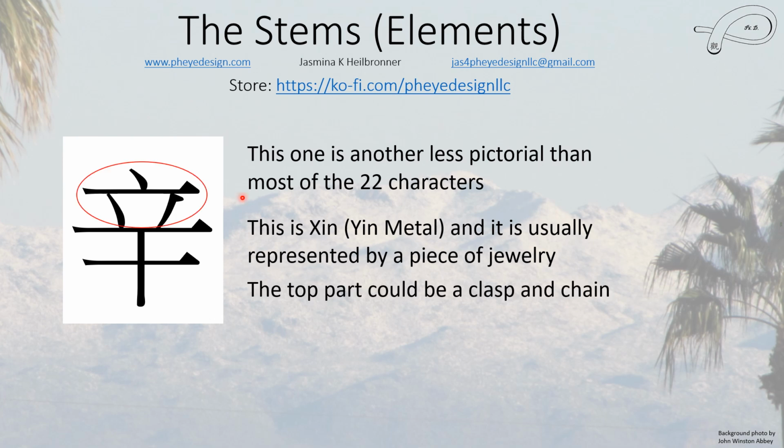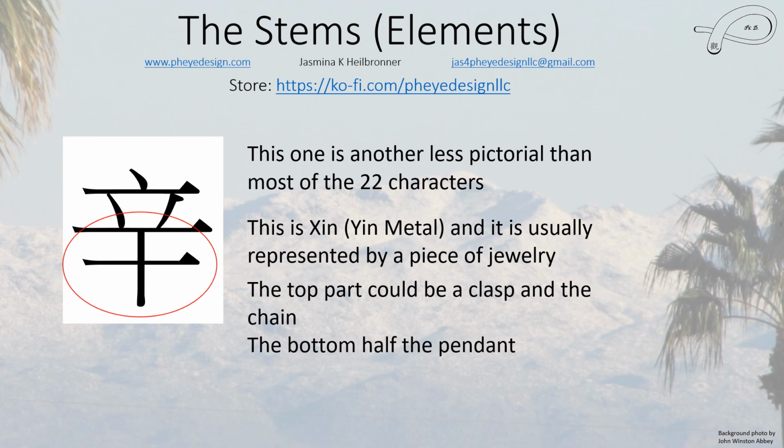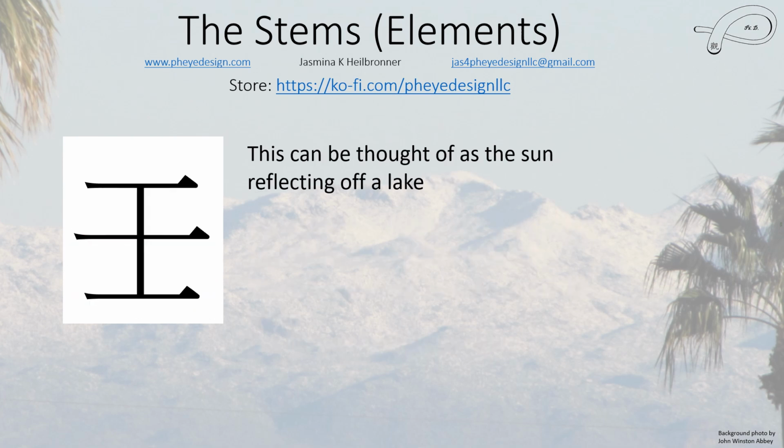To me, this top part looks a little bit like a clasp and the chain of a piece of jewelry, a necklace. And the bottom part looks like the pendant, or maybe it's a cross hanging on the chain, something like this. So to me, this is how I remember it. And I don't need to do this anymore, of course, because I'm so used to the characters. But this was how I remembered them when I was learning them.